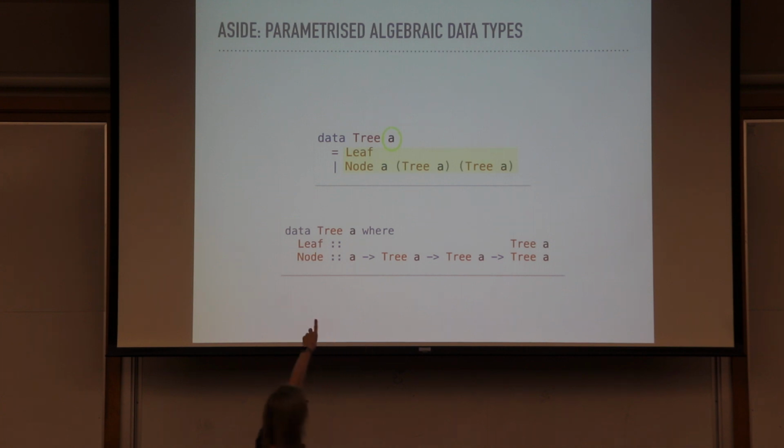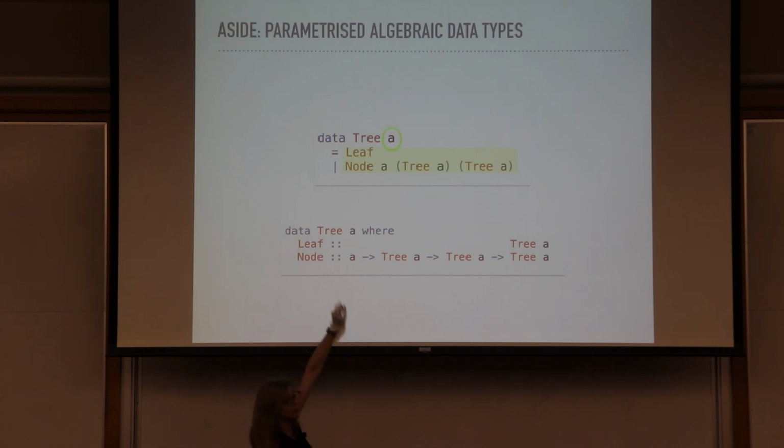Here, tree A just says tree has one type variable, one type parameter. And then that's the end of the scope of the variable A. And then it's for all quantified here.